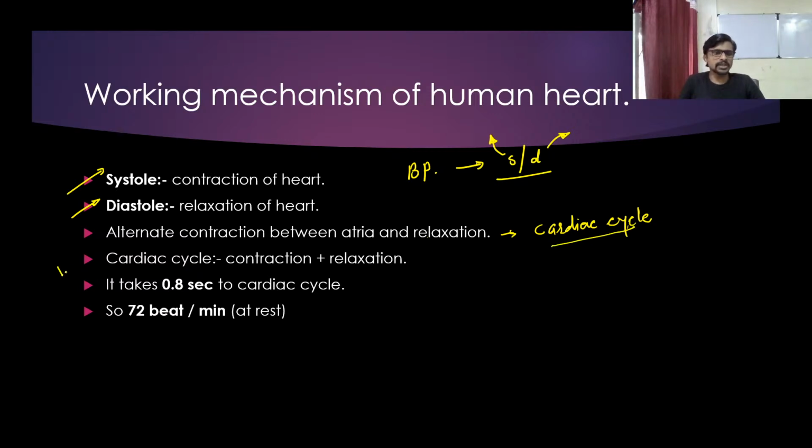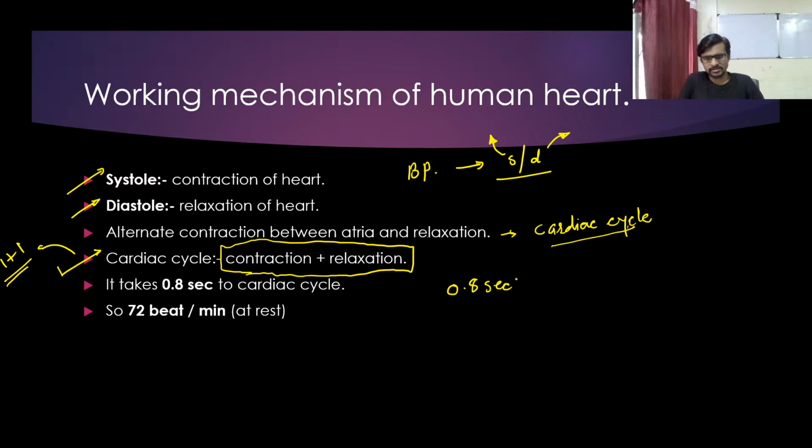So one cardiac cycle is equal to one contraction plus one relaxation. It takes about 0.8 second to complete one cardiac cycle. Okay, so 0.8 second for one cardiac cycle.